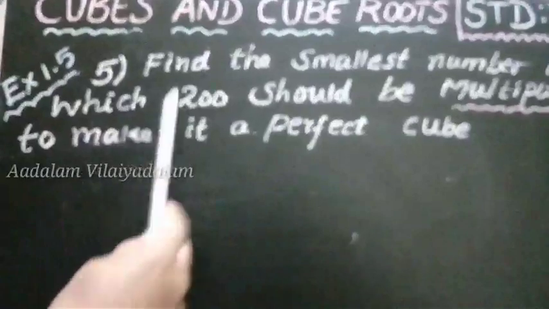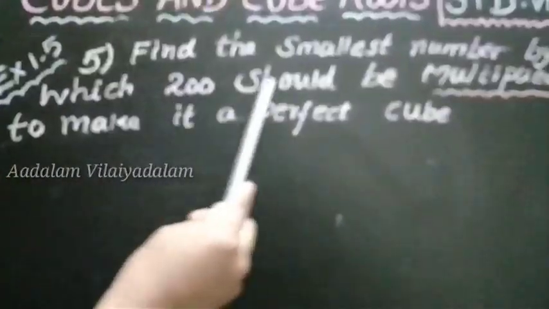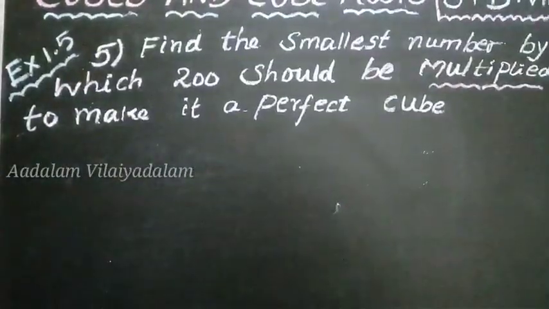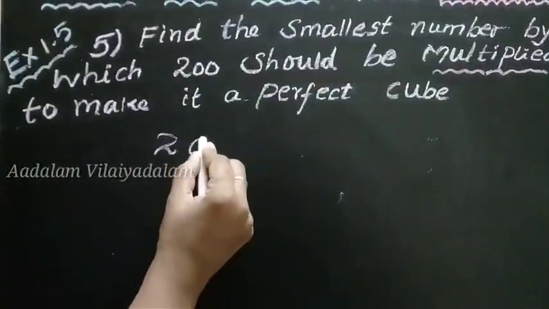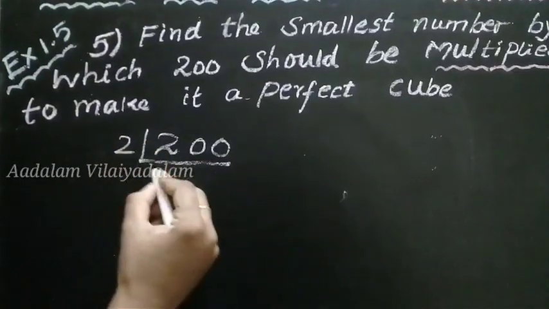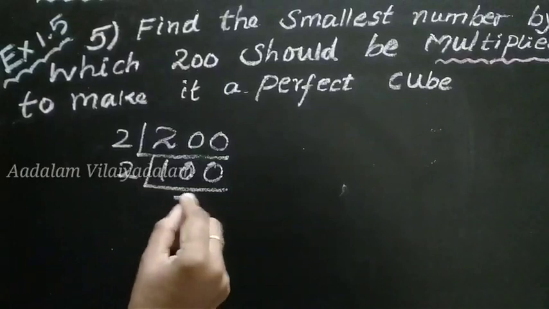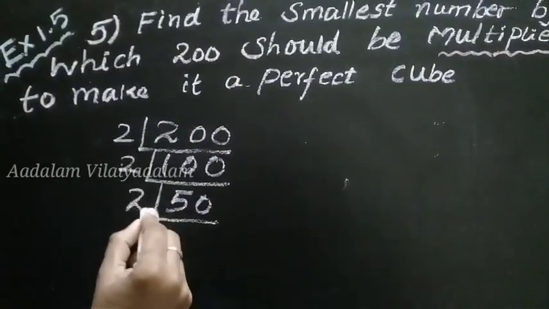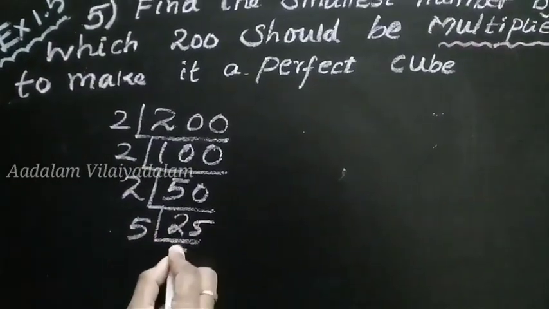Fifth question. Find the smallest number by which 200 should be multiplied to make a perfect cube. So using the same method, first find the factors of 200. Divisible by 2, 100 times, again 2 table 50 times, 2 table 25 times, then 5 5s are 25.